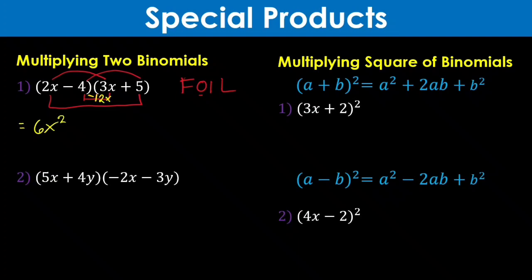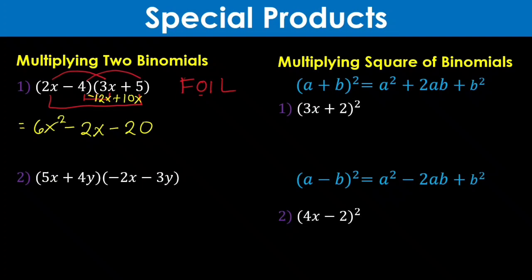Then the outer terms, that's plus 10x. So we add those together, that's equal to negative 2x. And then the last terms, negative 4 times positive 5, that's negative 20. So that's the product of the binomials.